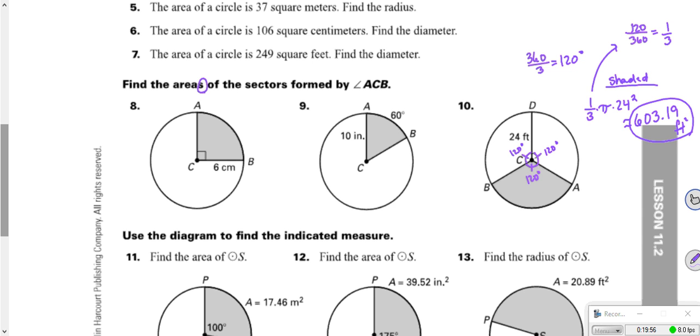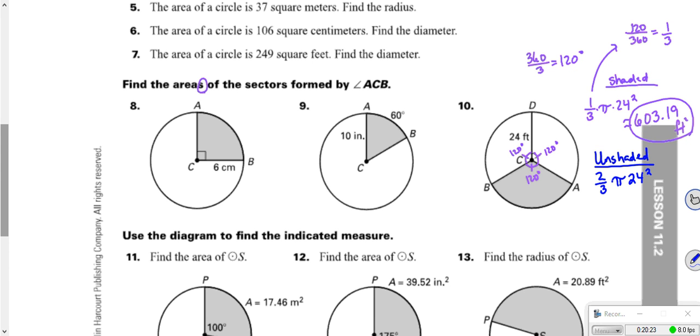Now, if I want the unshaded, if the shaded is 1/3 the area of the whole circle, then the unshaded is 2/3 the area of the whole circle. Okay, 2/3 times pi r squared.